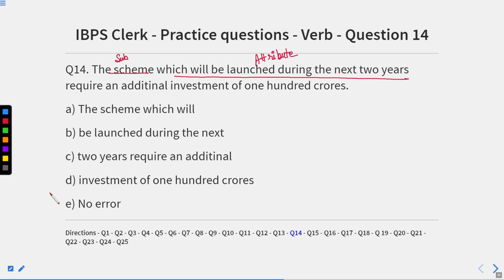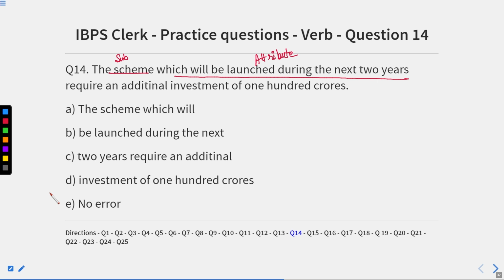For example, if I say Ria, my friend, then my friend is an attribute for Ria. Likewise, here we are further explaining the scheme.